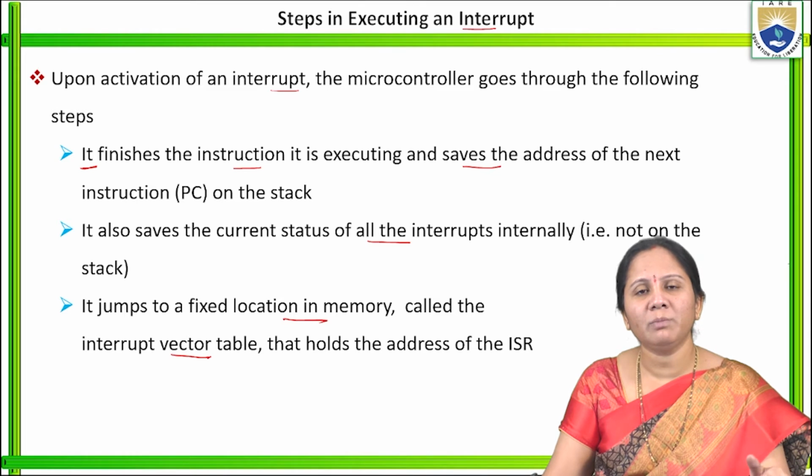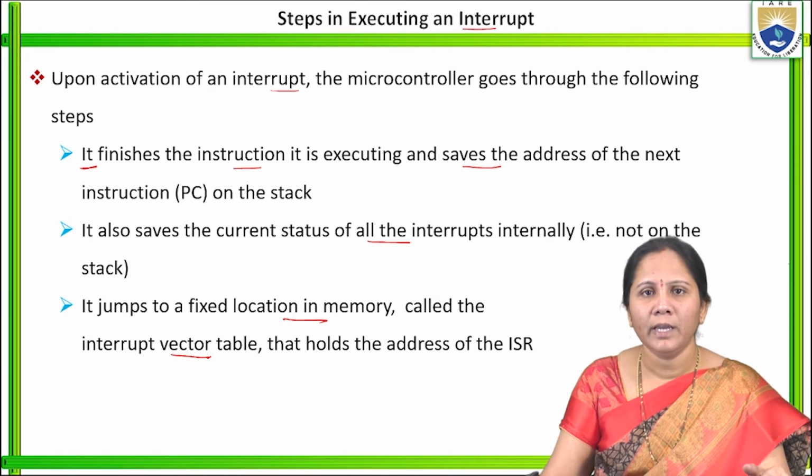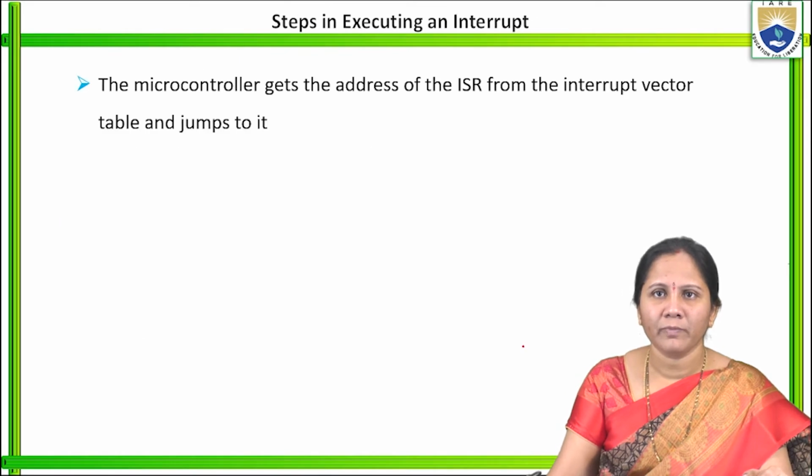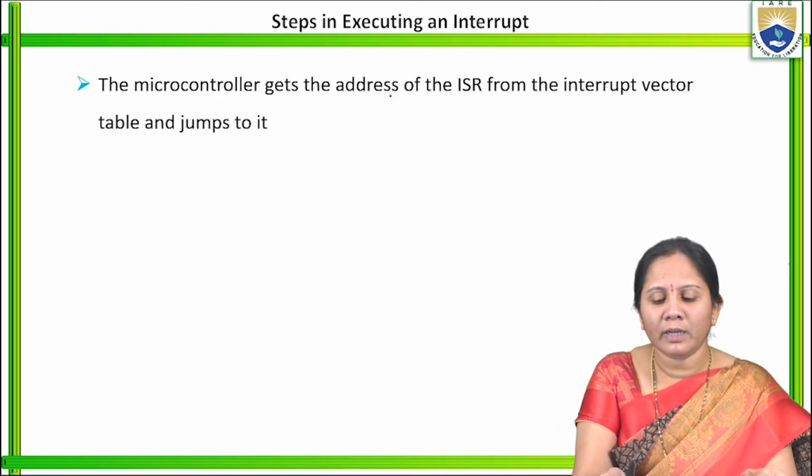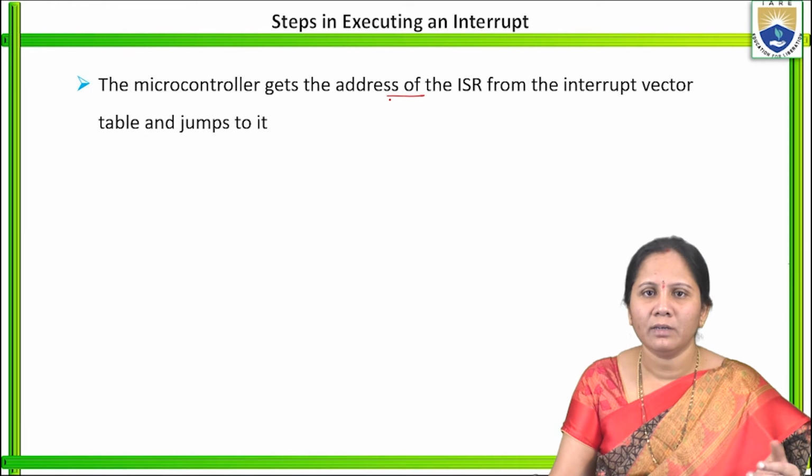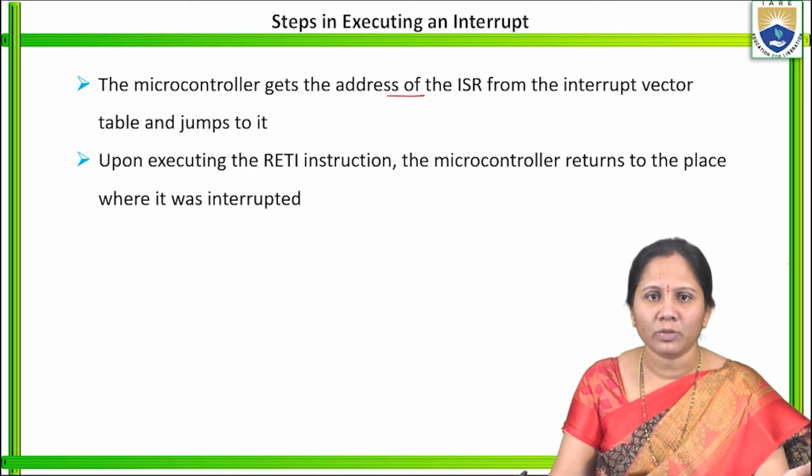So here what the interrupt vector table holds is the address of the ISR. Okay. So the microcontroller gets the address of that particular ISR from the interrupt vector table, and then it is going to jump to it in order to execute.